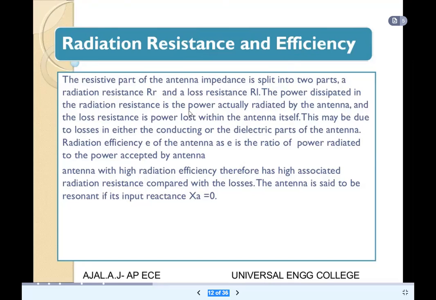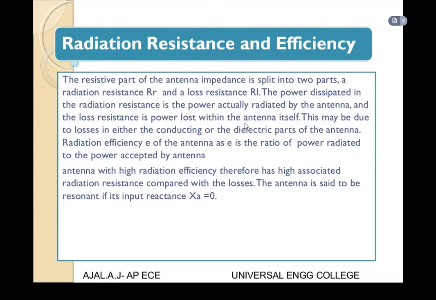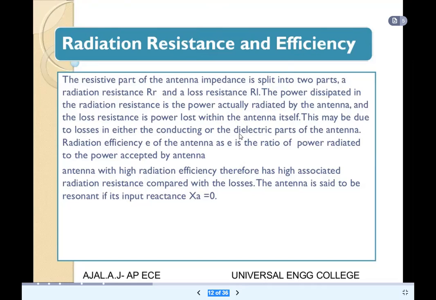Radiation resistance means the power actually radiated by the antenna. Loss resistance means actual power loss, and this loss takes place due to the conducting part or dielectric part of the antenna. This is nothing but the loss resistance.